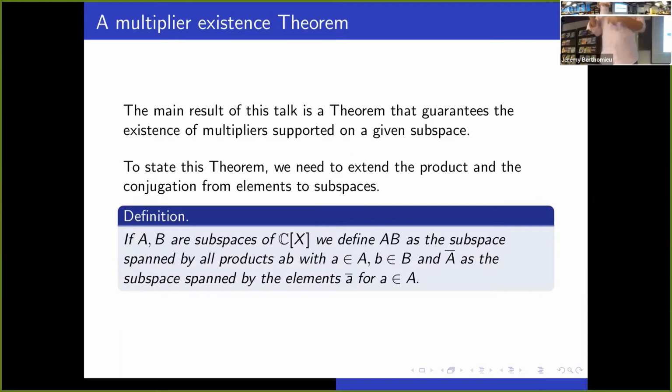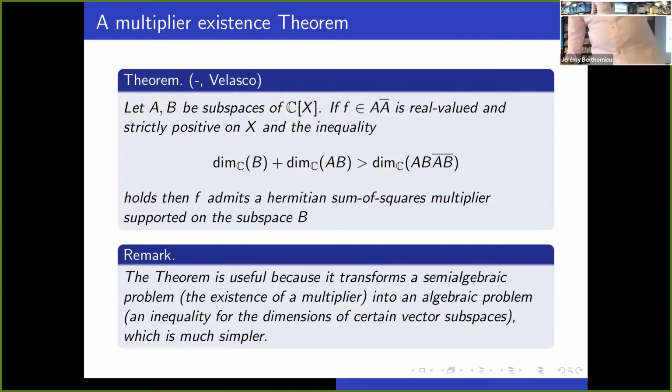So if A and B are subspaces of the coordinate ring of X, we define A times B. Okay, and this is our main result.